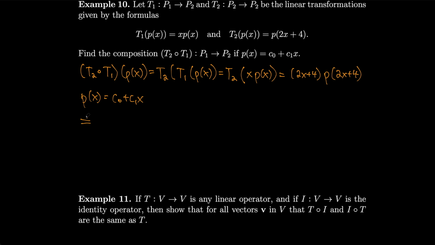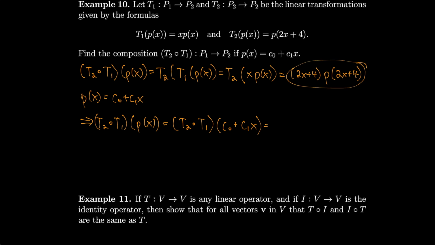So that means that we have T2 circle T1 of p of x equal to T2 circle T1 of c0 plus c1 of x by plugging in. And we'll just plug it in right over here. So that's 2x plus 4 times c0 plus c1 times 2x plus 4.